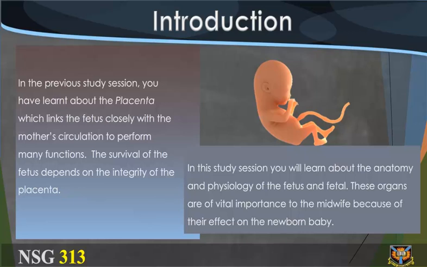The survival of the fetus depends on the integrity of the placenta. In this study section, you will learn about the anatomy and physiology of the fetus and fetal organs. These organs are of vital importance to the midwife because of their effect on the newborn baby.